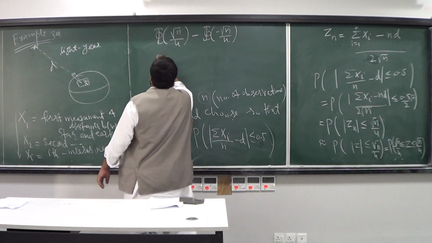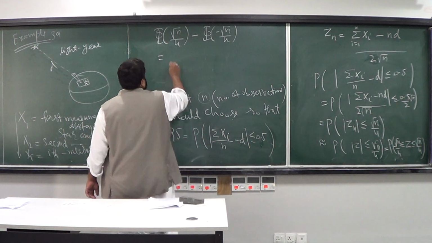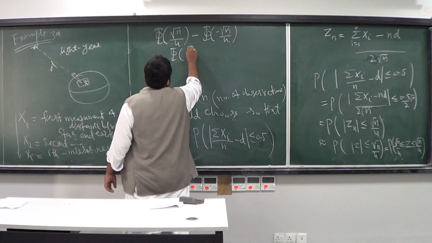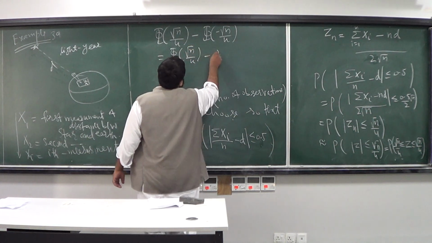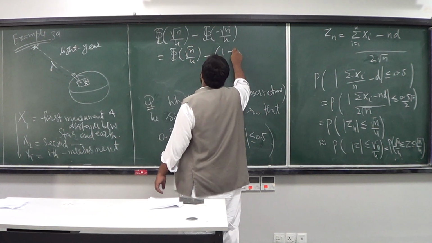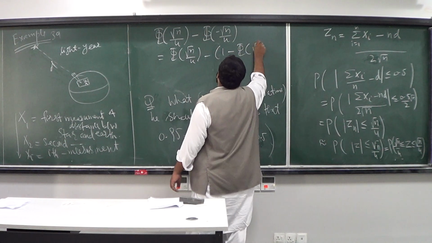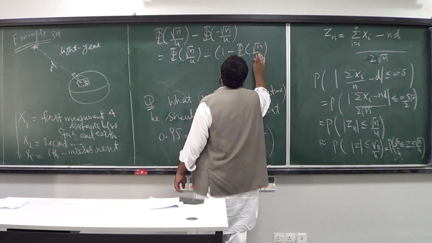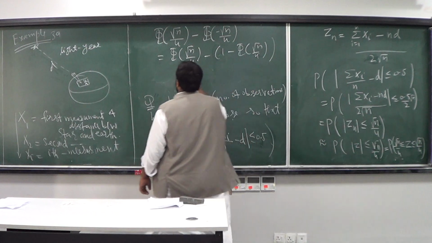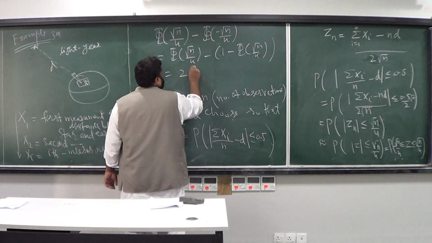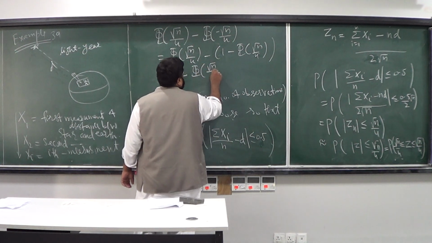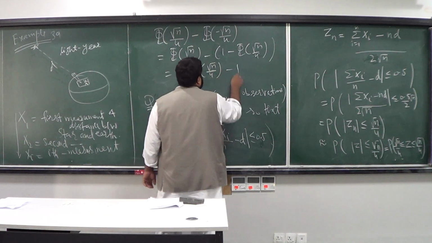I can write this as Phi of square root of n by 4 minus 1 minus Phi of square root of n by 4, and this will be 2 times Phi of square root of n by 4 minus 1.